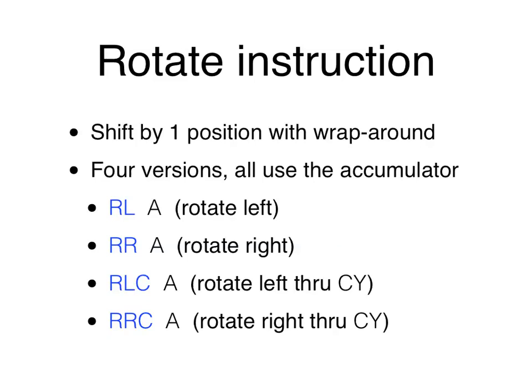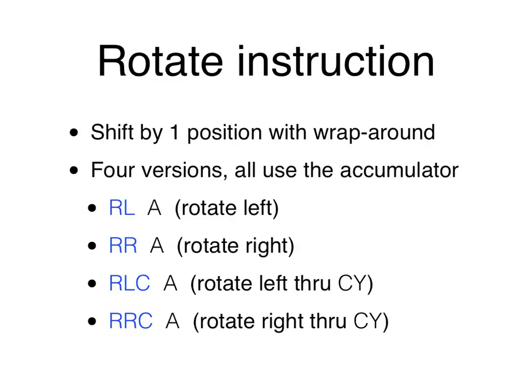The through carry version means that instead of going from the most significant bit back to the least significant, or the least significant back to the most significant, you go through the carry. I think we talked about this one before. So why would you need to move something through carry?